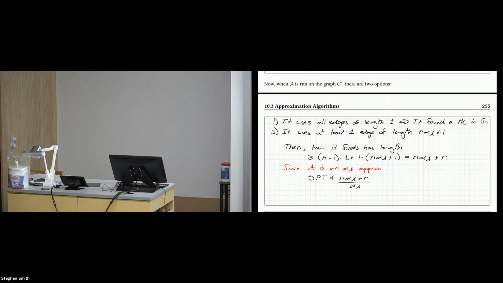So I'm just rearranging. Sorry, that's wrong. The optimal has to be at least the cost of the tour that I found divided by the approximation factor, since by the definition of approximation factor, we have this.